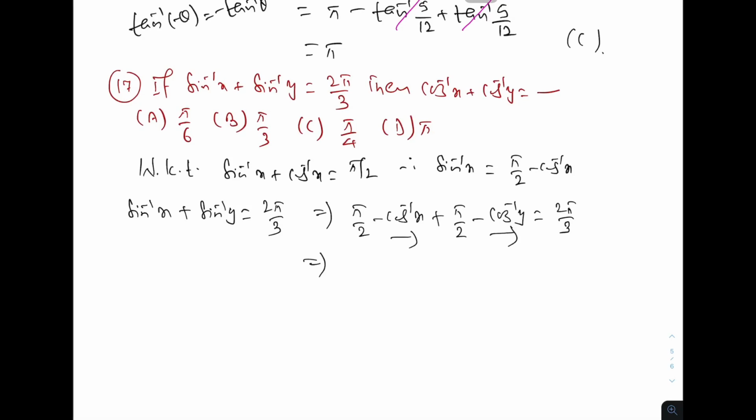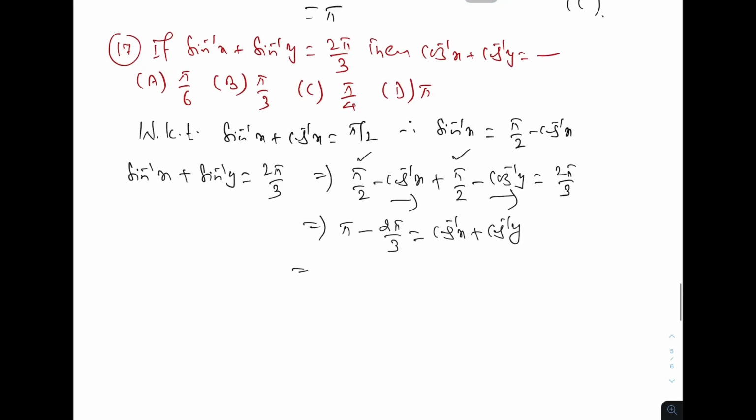This we can take on this side. So pi by 2 plus pi by 2 is pi, minus 2 pi by 3 equal to cosine inverse x plus cosine inverse y. And so this is nothing but pi by 3 equal to cosine inverse x plus cosine inverse y. So the answer is pi by 3.